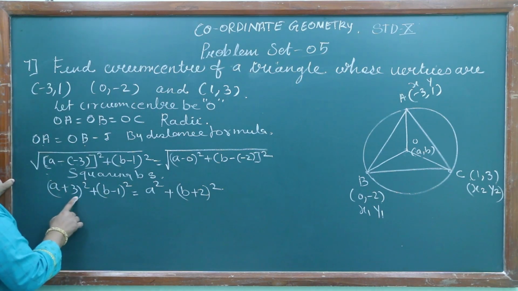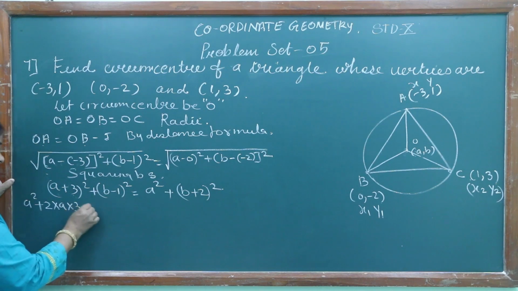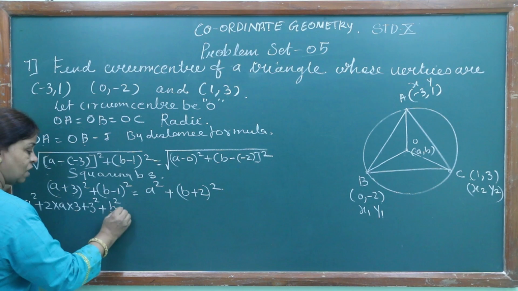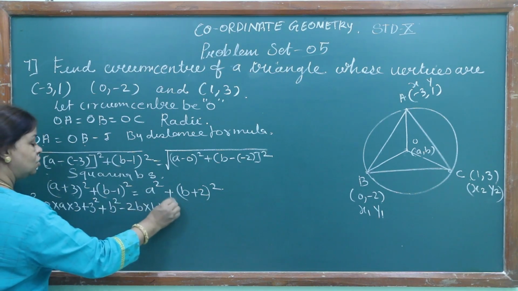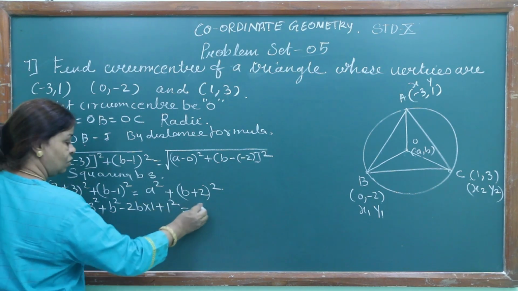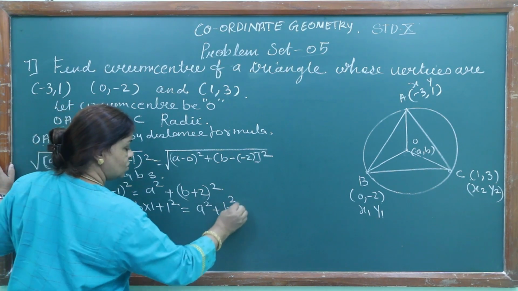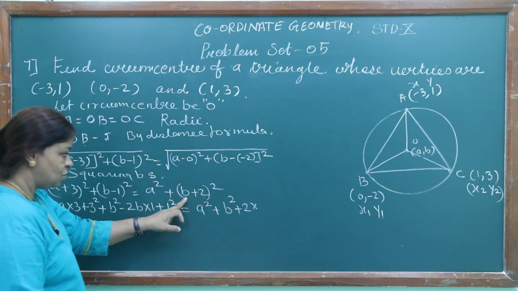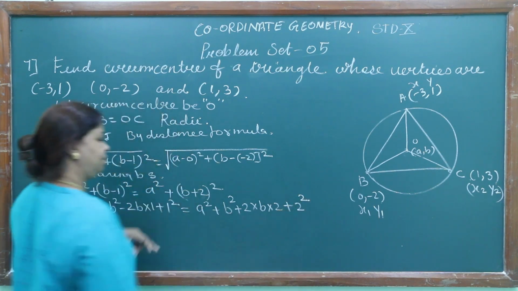Now we will use the a plus b the whole square formula here. a square plus 2 into a into 3 plus 3 square plus b square minus 2 into b into 1 plus 1 square is equal to a square plus, again, b square plus 2 into b into 2 plus 2 square.